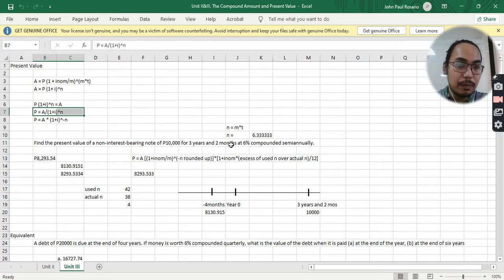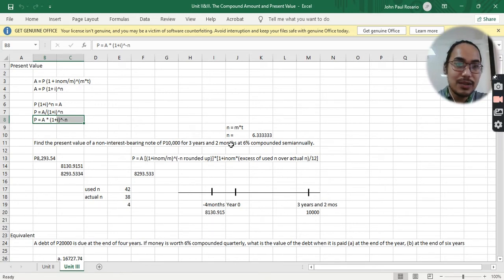But if you want to use multiplication, we can change that by changing the sign of the exponent from positive to negative. So we can also write the formula as present value is equal to compound amount or future value multiplied by 1 plus i raised to the power of negative n.